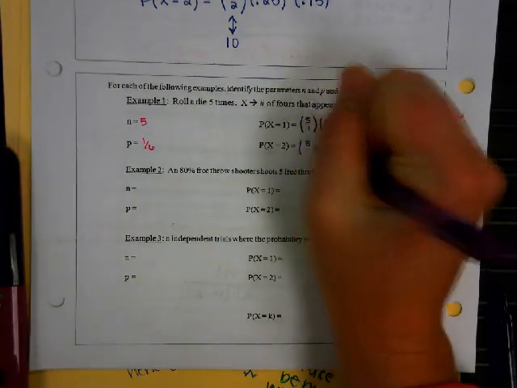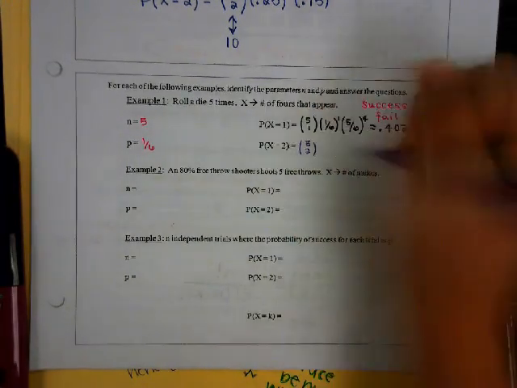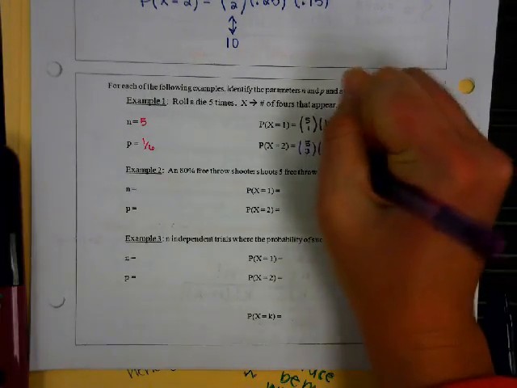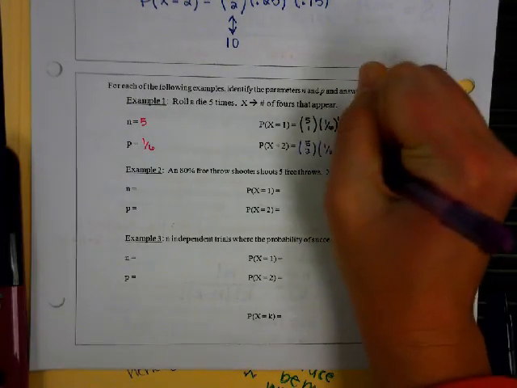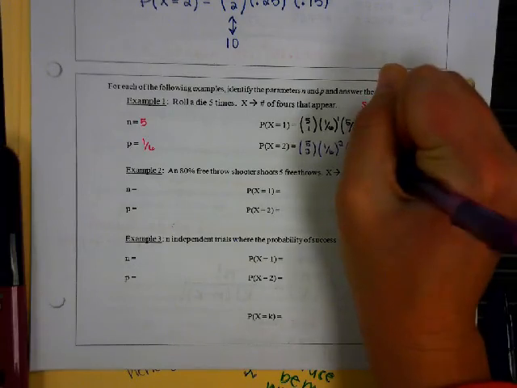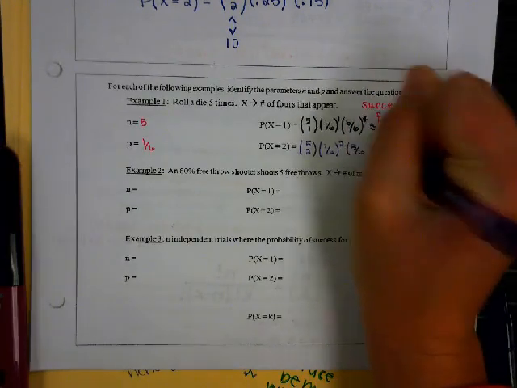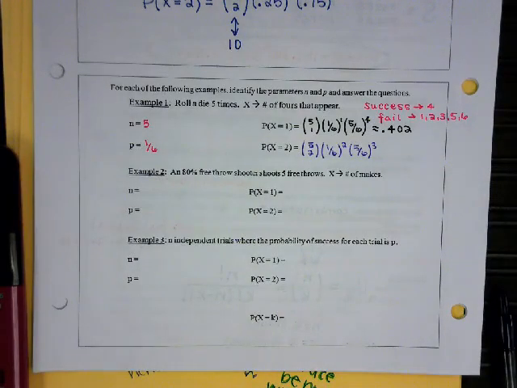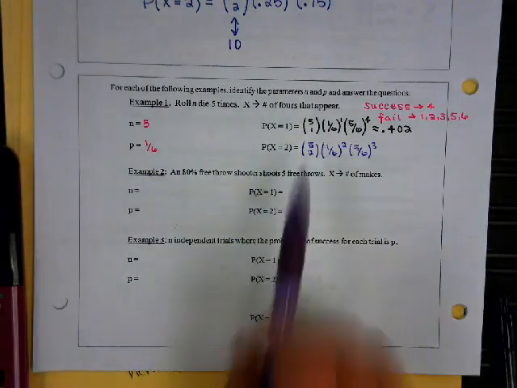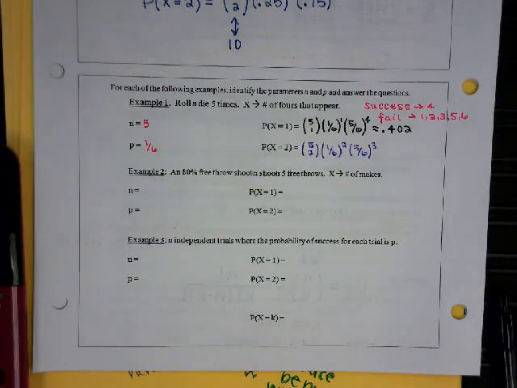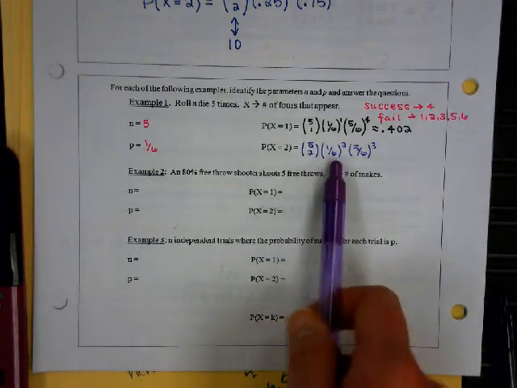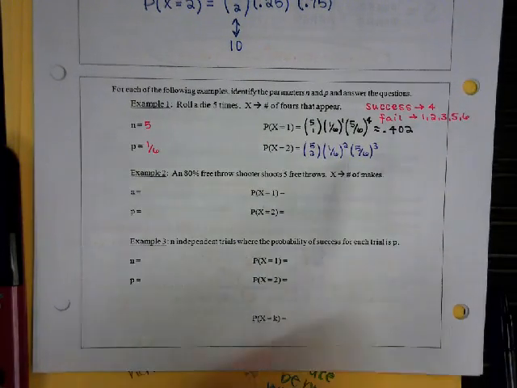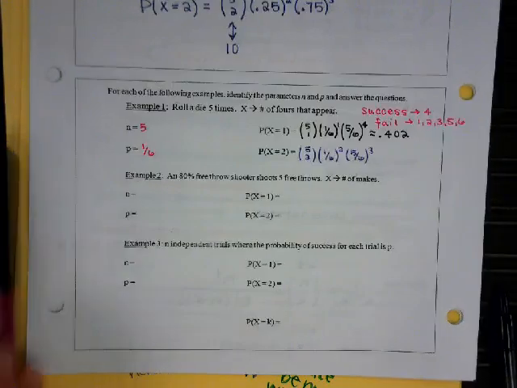We know from the previous example the 5 choose 2 is 10. So I'm going to do 10 times 1/6 squared times 5/6 cubed. And I get 0.161 when I round.